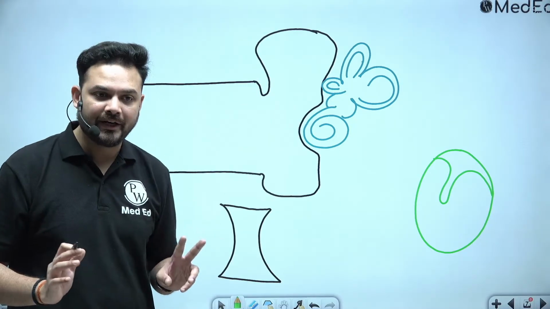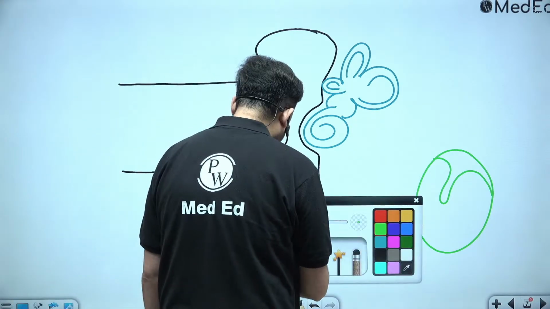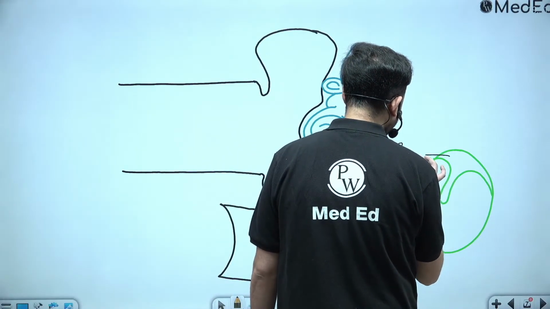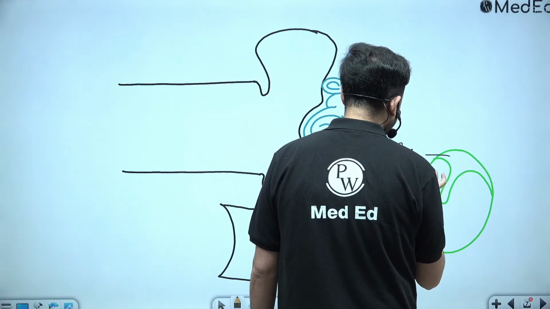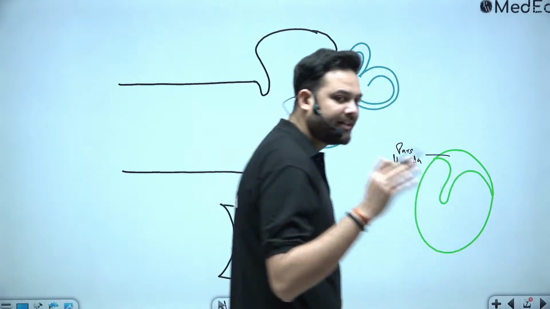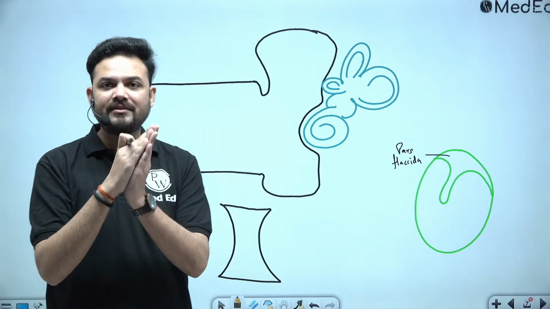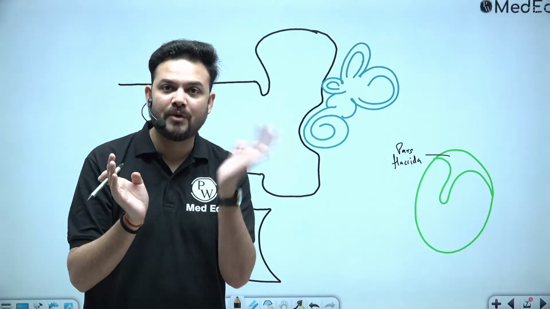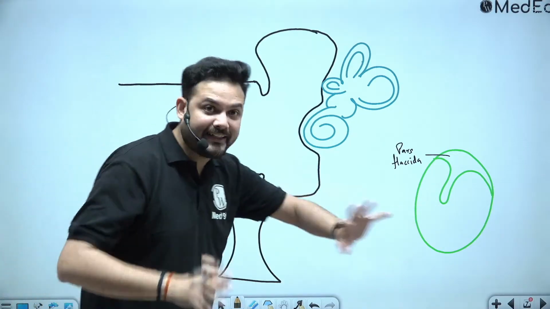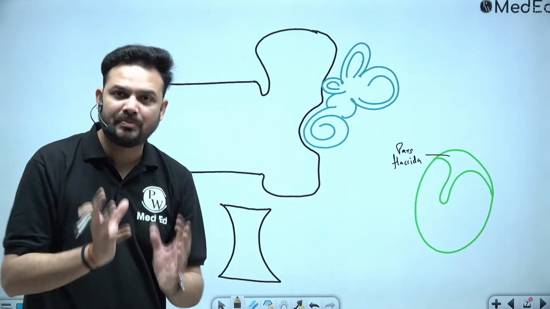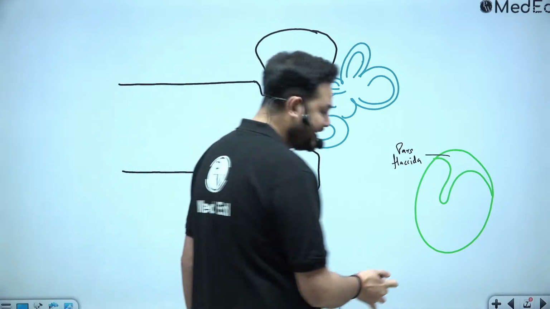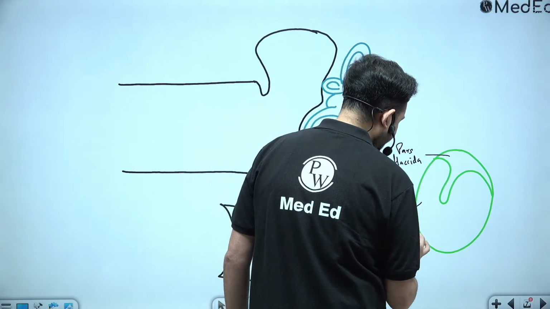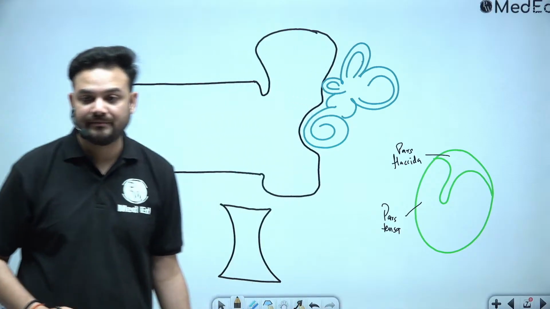The topmost part of the tympanic membrane is called pars flaccida. We call it pars flaccida for a reason, because it is very flaccid. Flaccid means it moves very easily. It's floppy. Then there is a very tense part of our tympanic membrane, and this is called pars tensa. Okay?